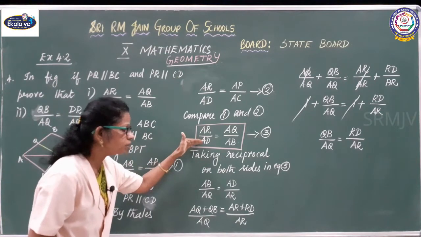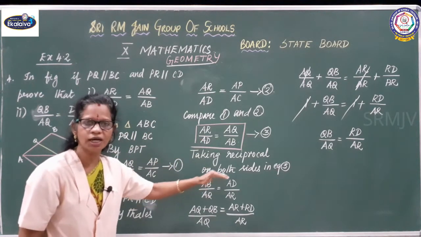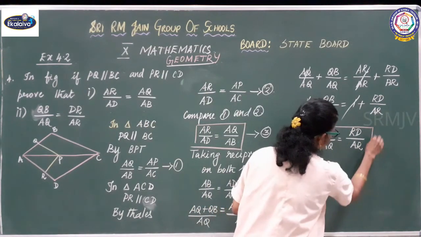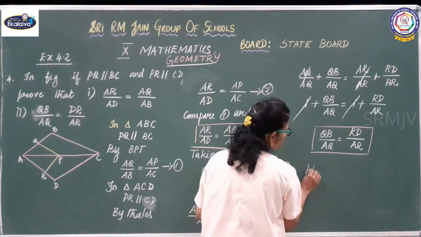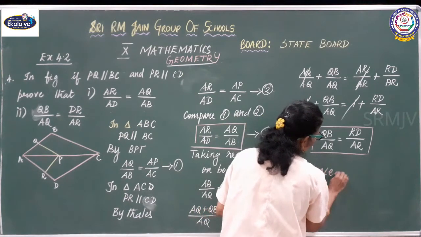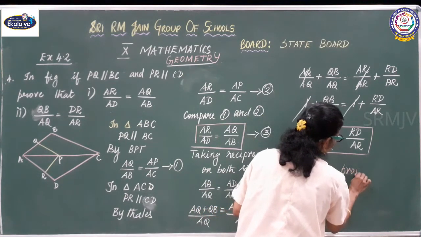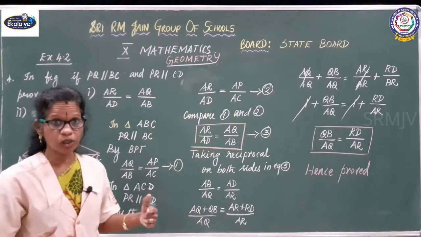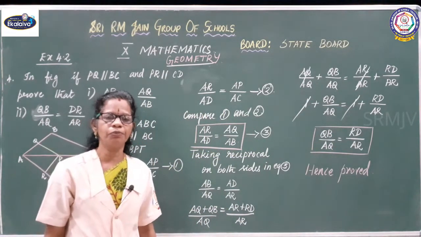From the first result, you are proving the second one. This is our second part. Now you can say hence proved. Got it, children? You are proving using the Thales theorem, so you have to recall the theorem.